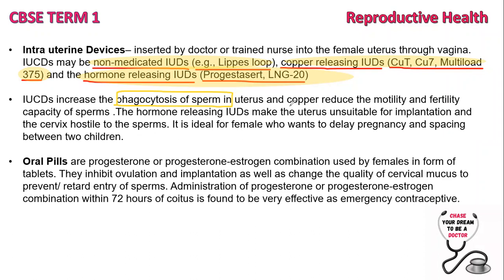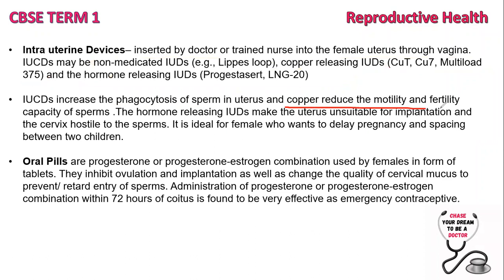Coming on to the copper releasing IUDs, what happens? They release copper, and this copper reduces the motility and fertilizing capacity of the sperm. Very important. Name the type of contraceptive that reduces the motility and fertilizing capacity of the sperm: copper releasing IUDs. They may give the options copper T, copper 7, Multiload 375 and so on.